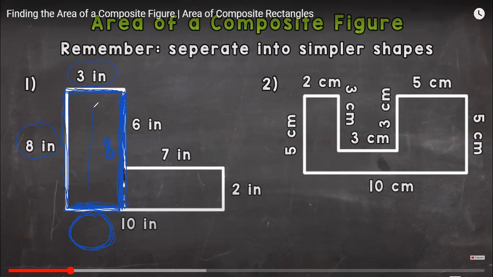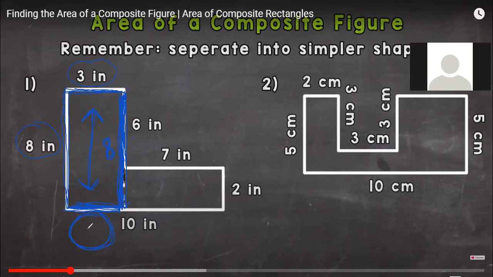Okay, I'm going to call on Deshaun. Deshaun, what's up? 3 inches? Yes, it's going to be 3, because that's a cross, just like this one was a cross.